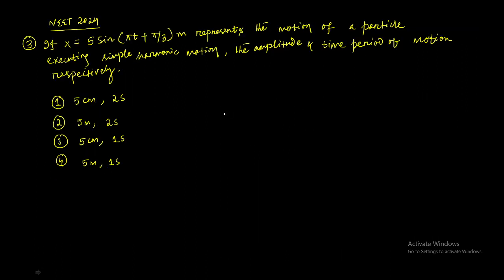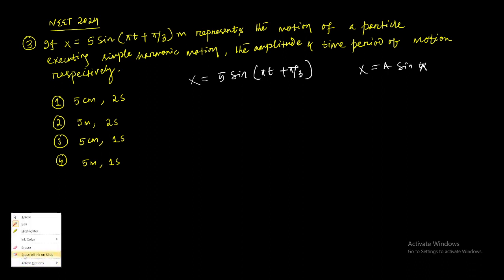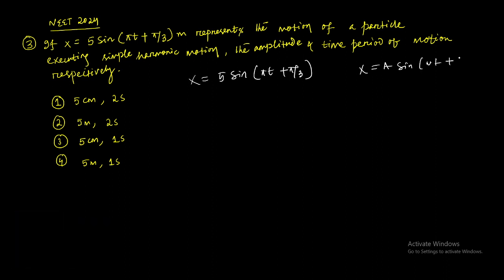Now, if x equals 5 sin(pi t plus pi by 3) represents the motion of a particle executing simple harmonic motion, they are asking for the amplitude and time period. You know that x equals A sin(omega t plus phi).